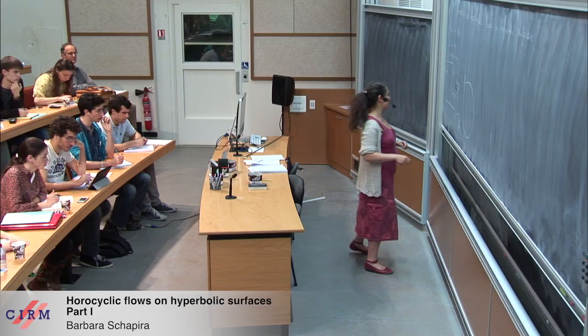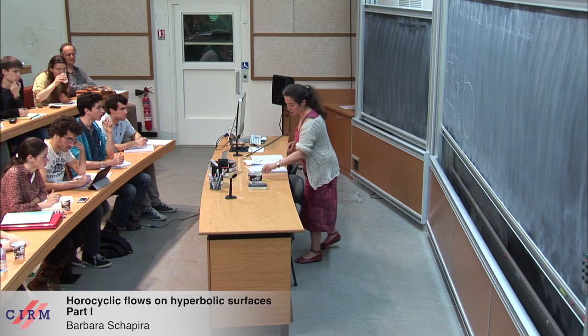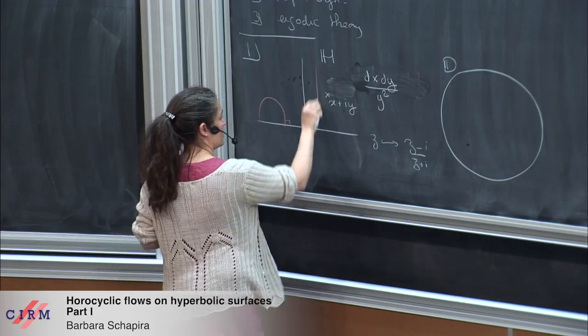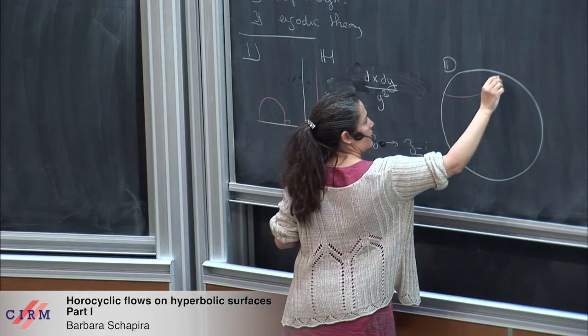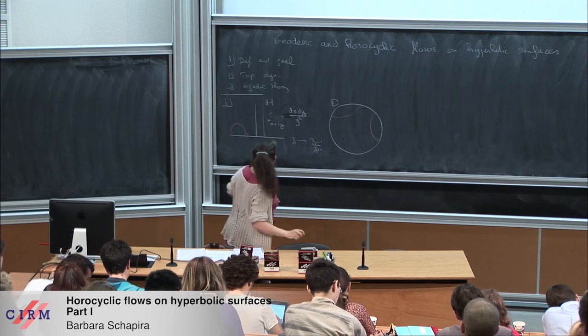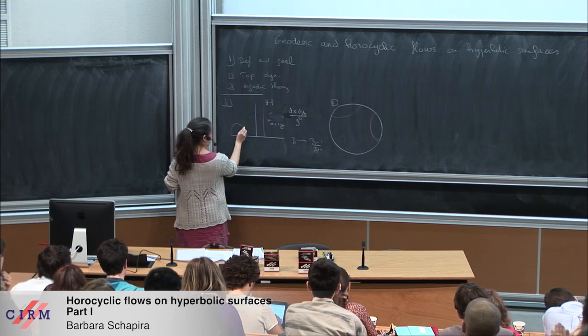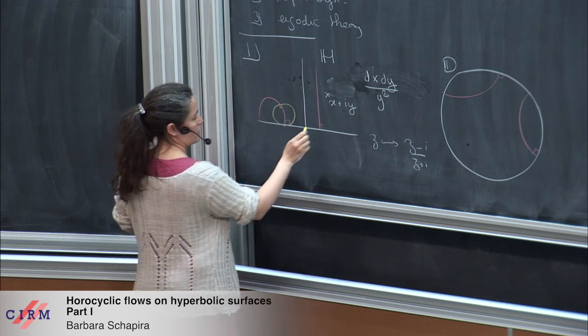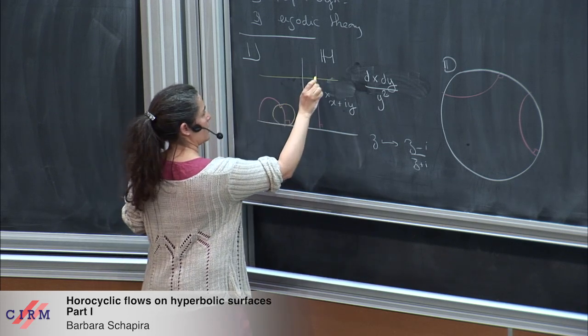So what are geodesics? Geodesics are half circles orthogonal to the boundary, like that. And horocycles are circles tangent to the boundary, and so orthogonal to geodesics. And here you have horocycles.